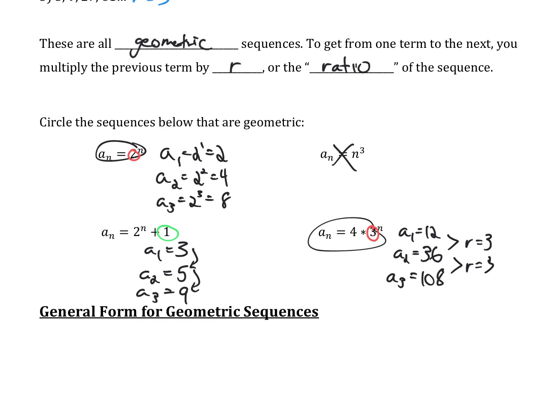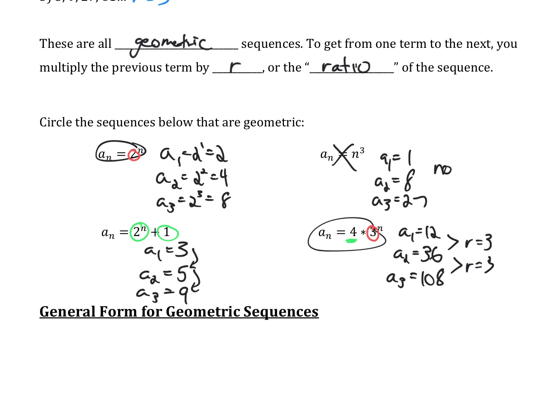Okay? If you're going to have a geometric sequence, not only do you need some number raised to an exponent, some number to the n, if you're going to have anything else with it, you need to have some type of coefficient like we see over here with the 4. Any type of adding or subtracting screws it up. Okay? And if we look at the top right one, n cubed, you'll see pretty quickly a sub 1 equals 1, a sub 2 equals 8, a sub 3 equals 27.